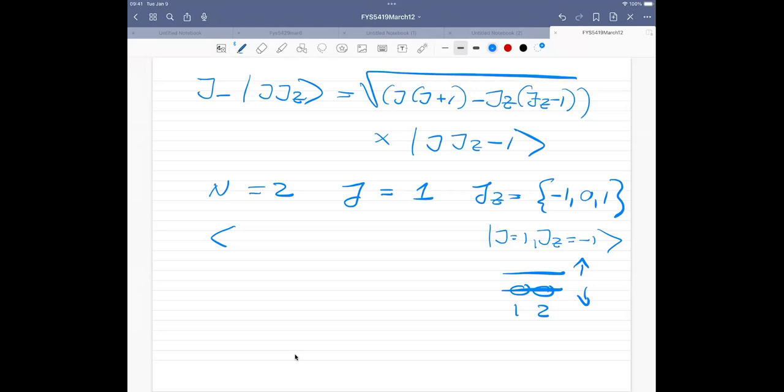That's that specific state. Then if I look at other possibilities here, this is only one possible state, and I have J equal 1 and JC equal to plus 1. And the only possibility I have here is this one, spin up and spin down.